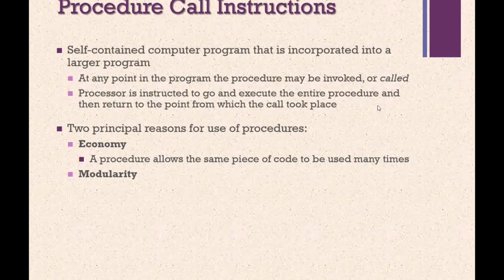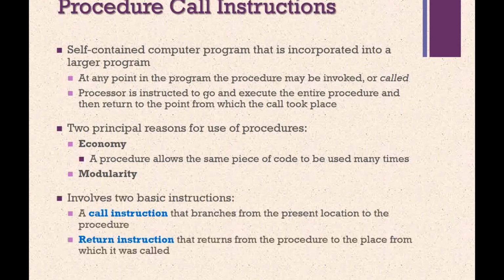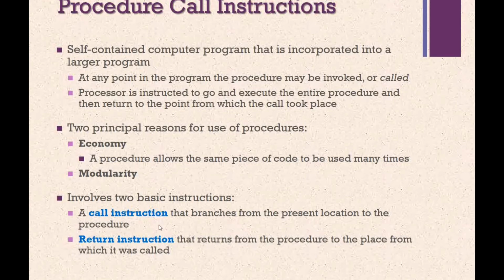There are two principal reasons for the use of procedures. The first one is economy, and the second one is modularity. It involves two basic instructions, the call instruction and the return instruction. So you know what the purpose of the call instruction is and what the purpose of the return instruction is. It is also mentioned there.